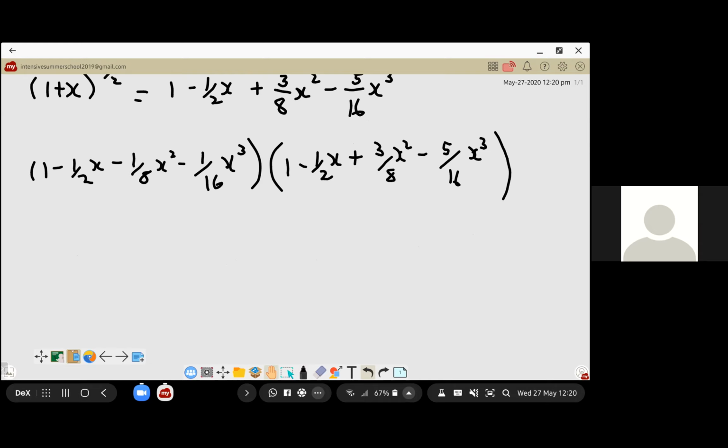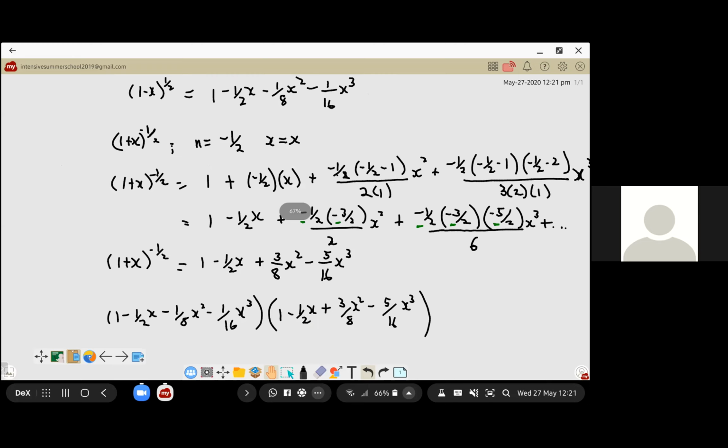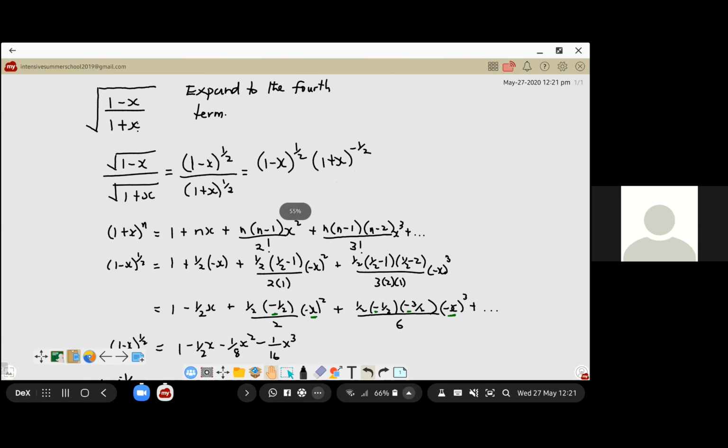Why am I multiplying? That's what the question said. Initially in the question, we were supposed to multiply 1 minus x by this. You understand why we are multiplying now?